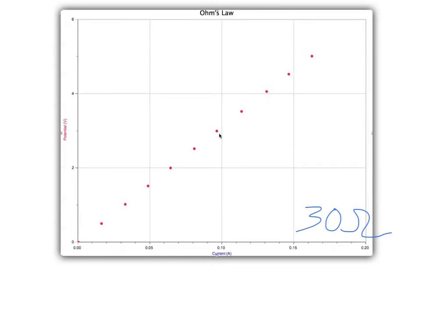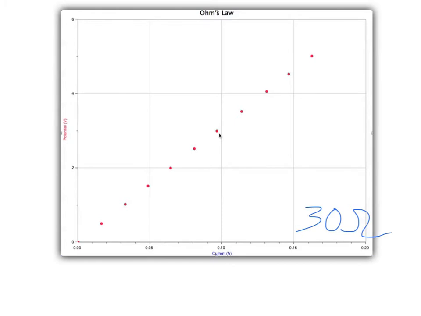And so I can see actually that I'm going to get a straight line. And so my first answer for this resistor is that electric potential or pressure difference is directly proportional to flow rate. In other words, if I double the pressure difference, I double the flow rate.